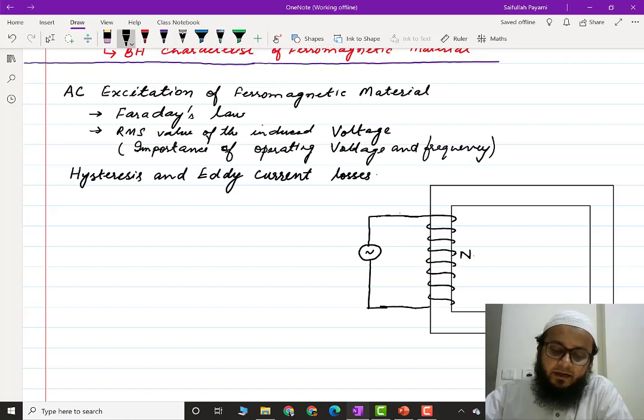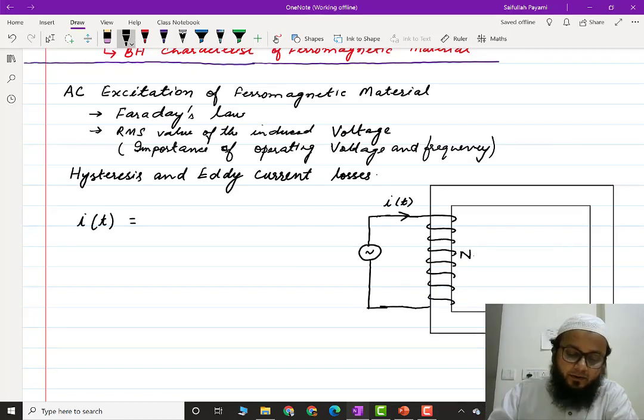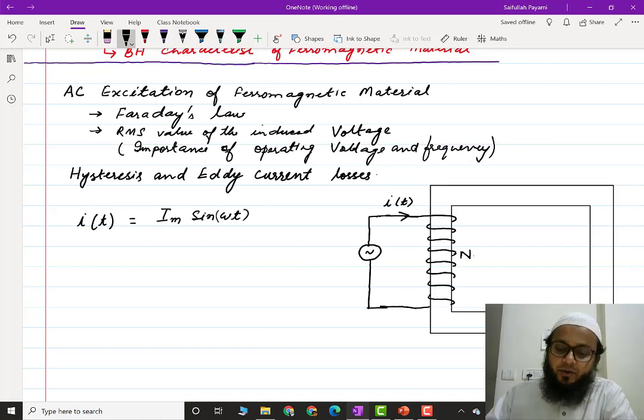So obviously the current which will flow in this coil would be a sinusoidal current. Let's say that current is Im sine omega t. So if current is Im sine omega t, what about the flux here?